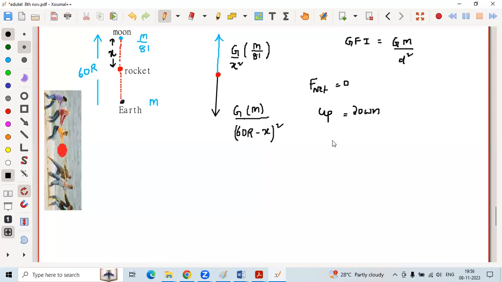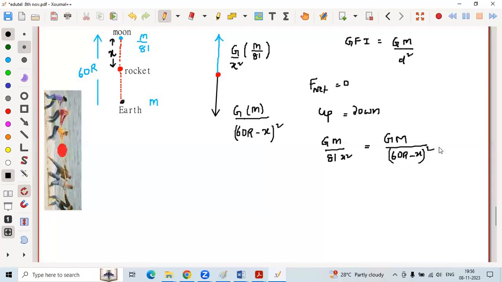On that condition the net force is 0. The up force here is Gm by 81 x square. What is that? Force applied by the Moon on the rocket. Now the down force here is the force applied by the Earth on the rocket. How much is it? Gm by (60r minus x) whole square.